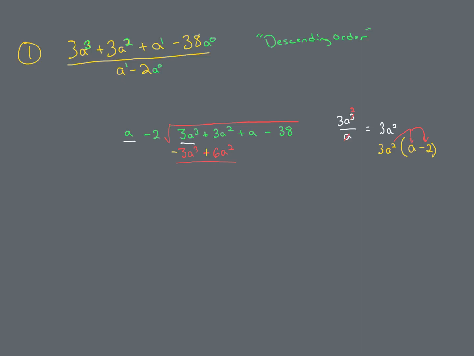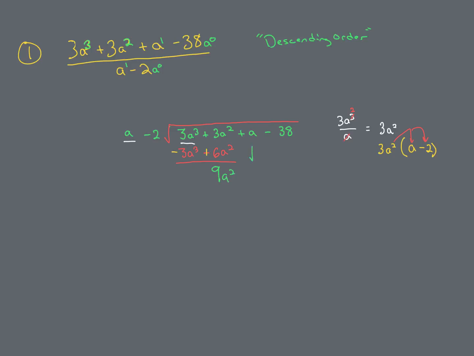Now we're going to combine the two things. 3a to the third and negative 3a to the third is 0. And when we look at the 3a to the second and the 6a to the second, we should get 9a to the second.